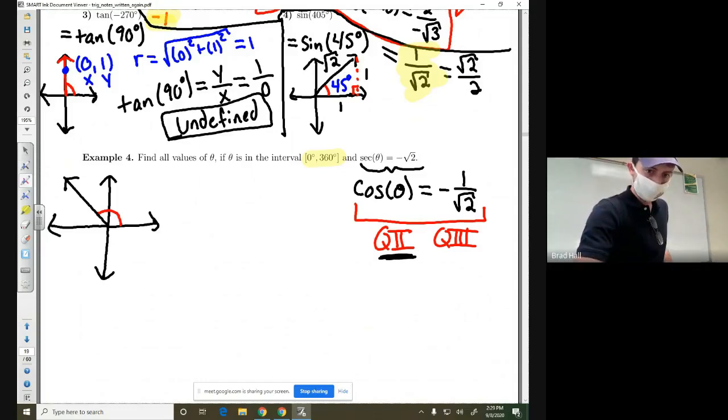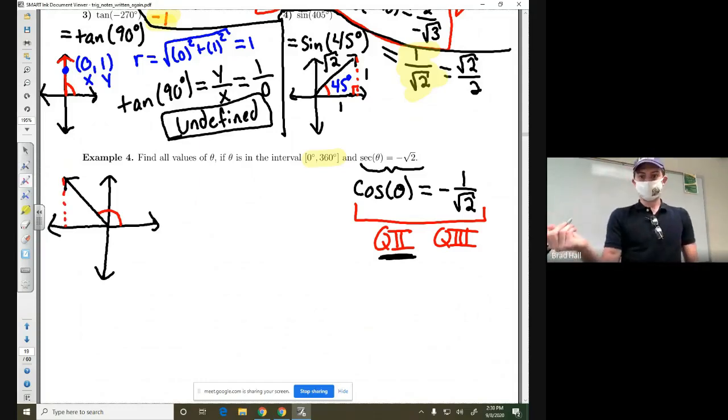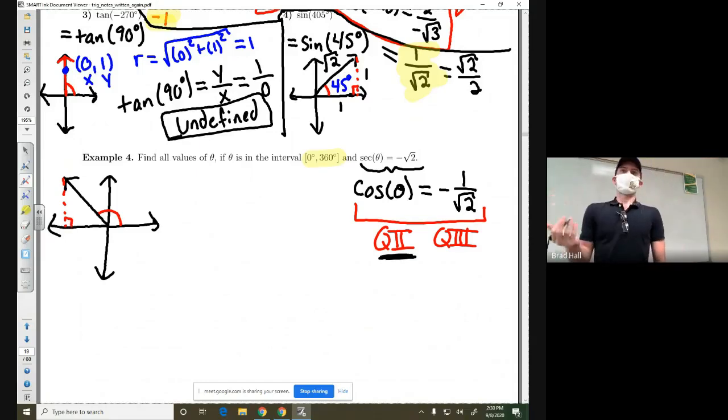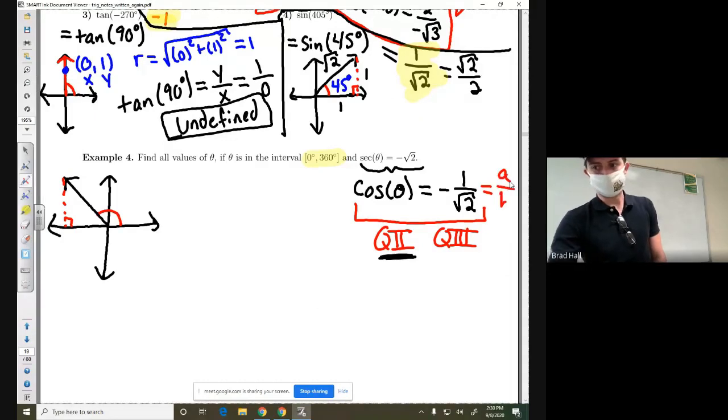Naturally, we can triangulate if we did have an angle. And so if only we knew what the sides of that triangle were. Wait a minute. We do. We do know what the sides of that triangle are. Cosine is adjacent over hypotenuse.